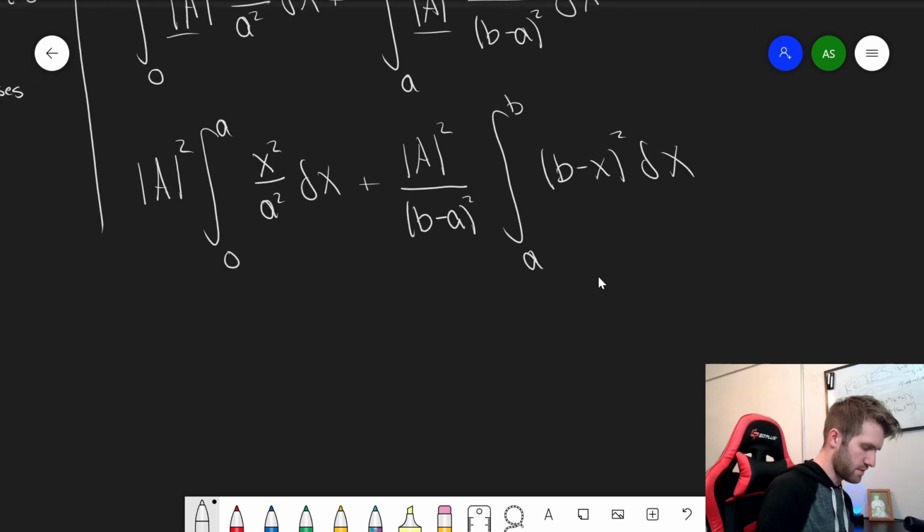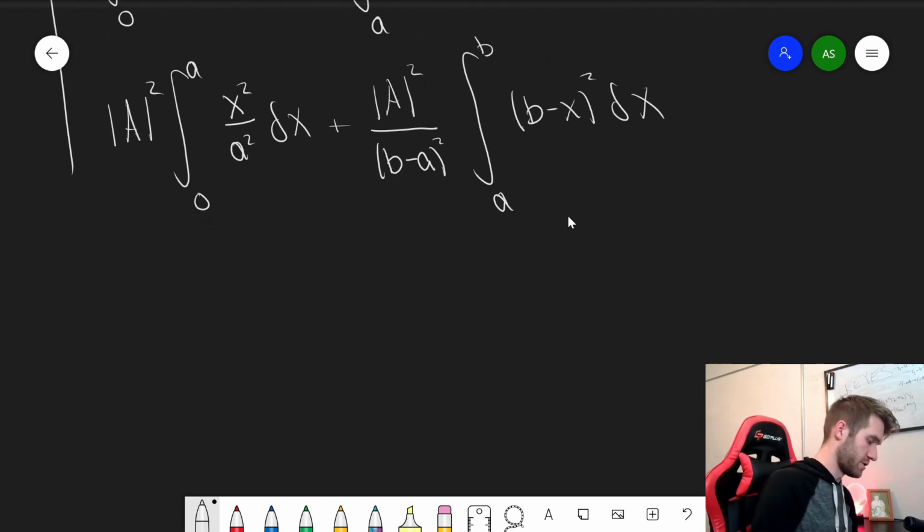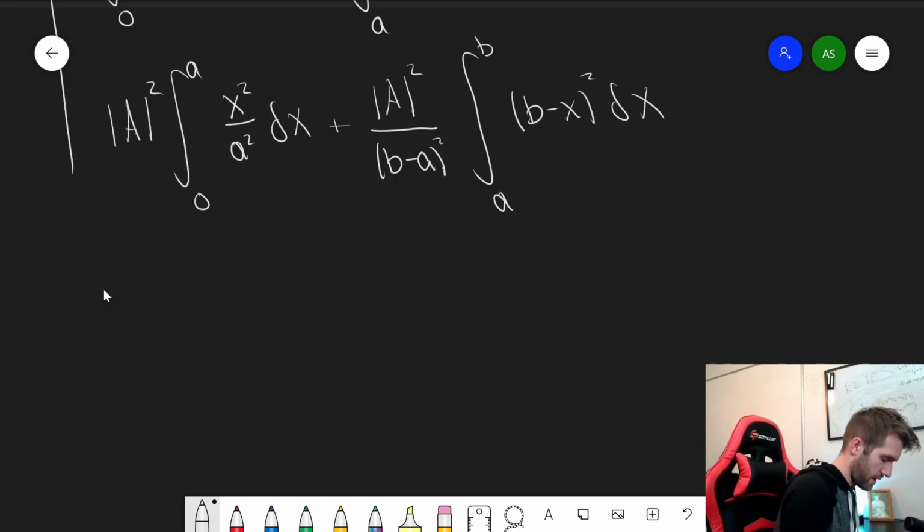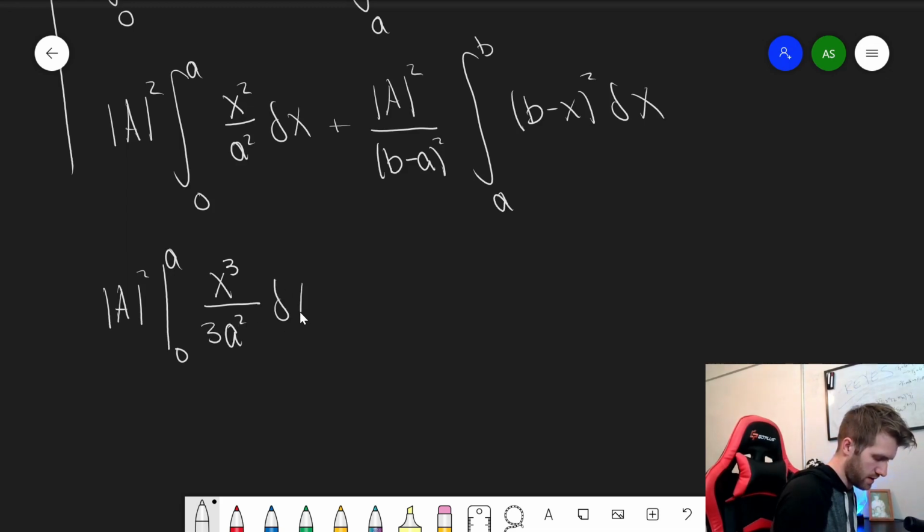Alright, so now what we want to do is just integrate these, right? So our first term, we're going to have a squared, take the antiderivative from 0 to a, gives us x cubed over 3a squared dx.